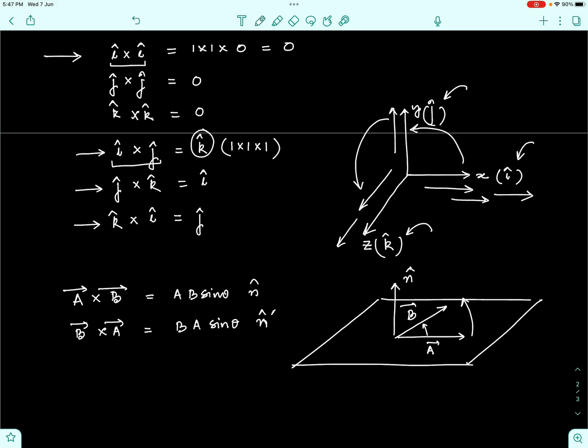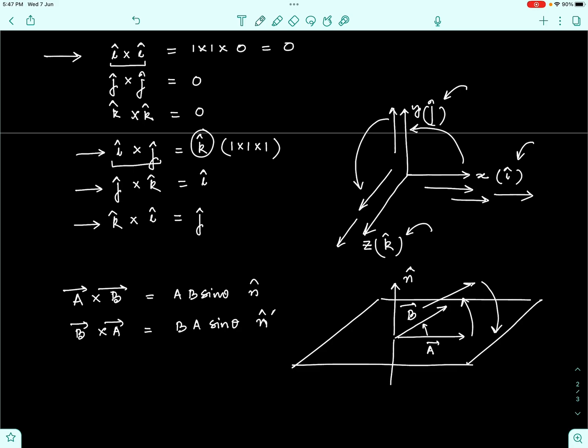Try doing the same thing now by first pointing your fingers along the vector B and then curling them towards vector A. You will have to take your right hand and put your thumb in the downward direction. Only then you will be able to curl your fingers from vector B to vector A, not otherwise. So automatically your thumb will now be pointing downward.